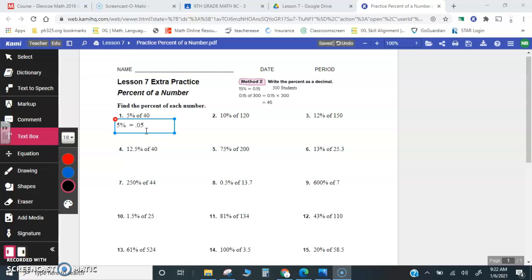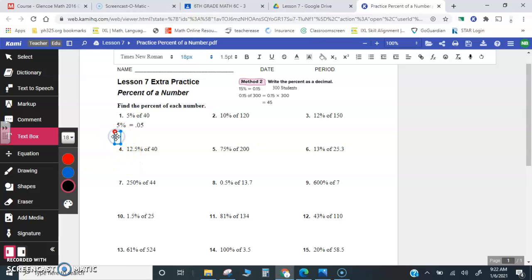Okay, so the first thing we want to do is change our 5% to our decimal of 0.05. Then after that, our next step is going to be to multiply 0.05 times our total number of 40.